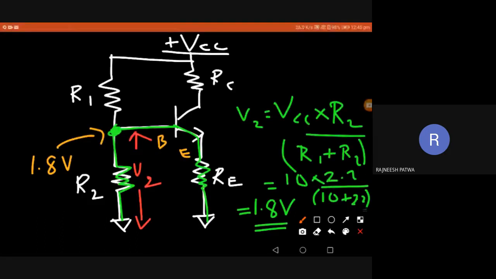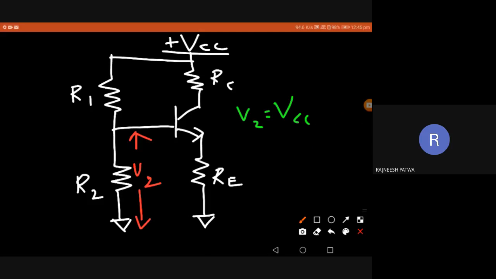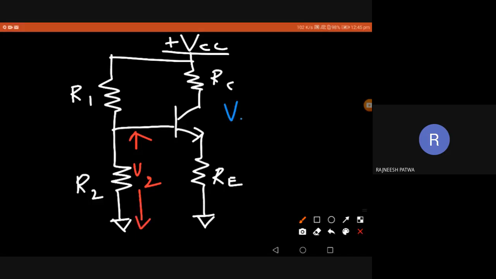So right now I can write one more thing. I already got V2 equal to 1.8, so now I put the value of V2 in the other equation. What is my other equation? V2 is equal to VBE, by Kirchhoff's law, plus the voltage drop across the RE resistance, which I can call VRE.